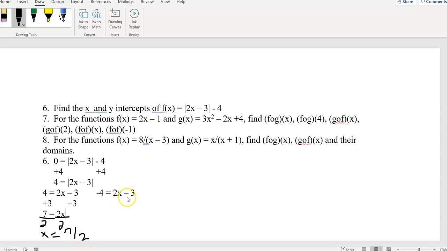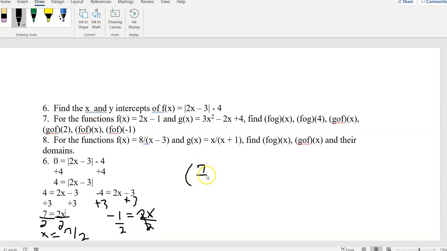Now let's go ahead and solve this one. I'll add 3 on both sides. -4 and 3 gives me -1 equals 2x. And then let's divide out our 2. And we get -1/2.